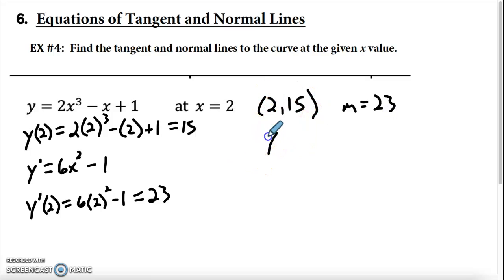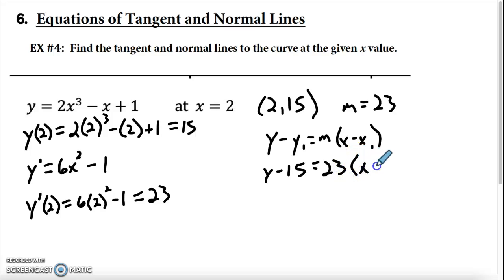So I'm going to write y minus y1 equals m times x minus x1 and plug this in. So I will have y minus 15 equals 23 times x minus 2. This is the equation of the line that is tangent to the curve at the point (2, 15).